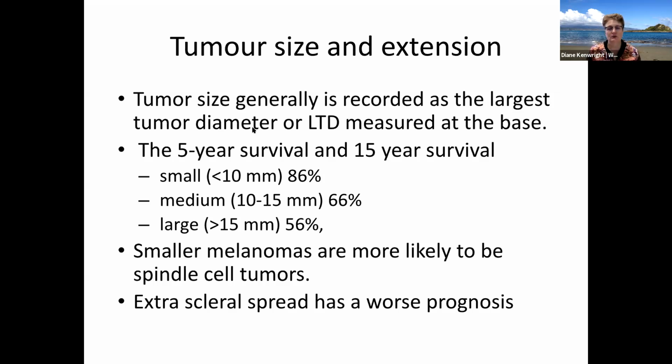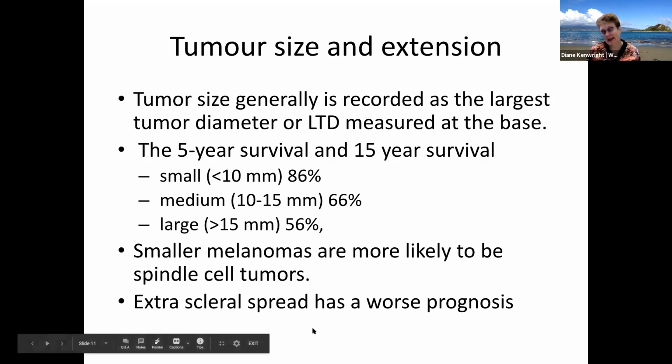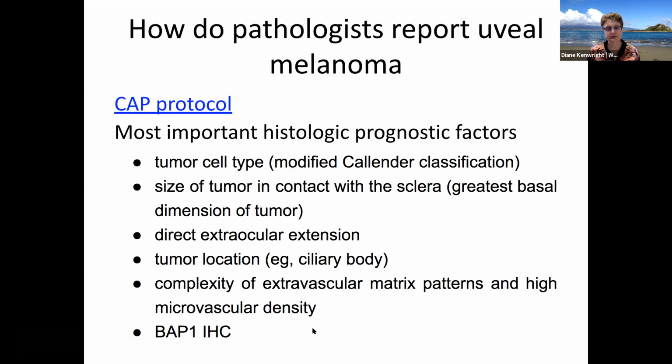We measure the tumor diameter at the base, and as you know, it's clearly related to the survival. In addition, smaller melanomas are likely to be spindle cell tumors, possibly because they just grow slower, and so are likely to present at a much earlier stage. Okay, and so tumor size and extension when you're talking about prognosis is really important.